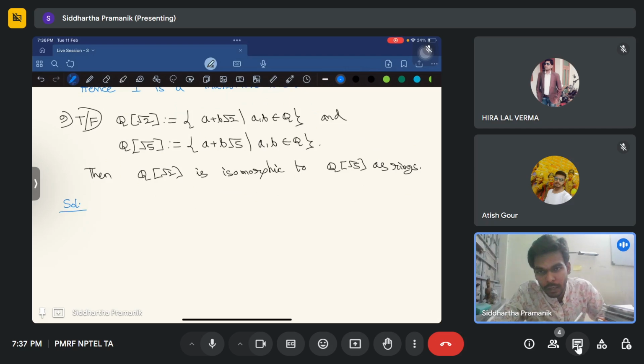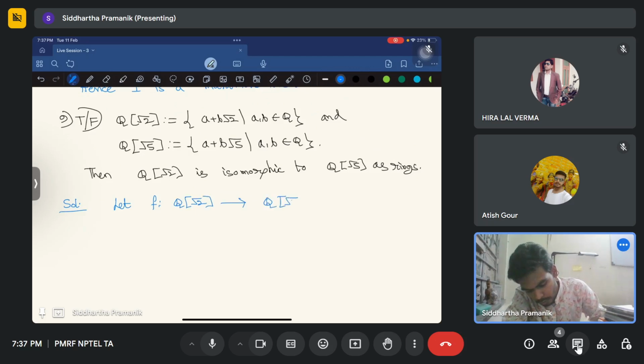Okay, so let's try to see if they are isomorphic. That means if there is an isomorphism between these two rings, then what happens? So let f from Q root 2 to Q root 5 be an isomorphism.